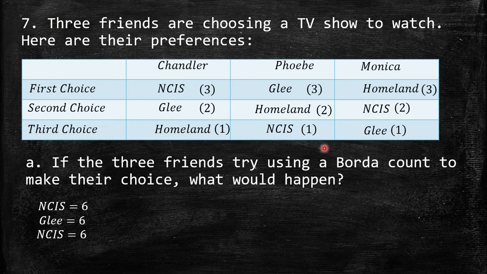Then, sorry, it's not NCIS, it should be Homeland: 1, 2, 3, and 3, 6. So naturally, there is no preferred option. With this system, all the options are exactly indifferent to each other.